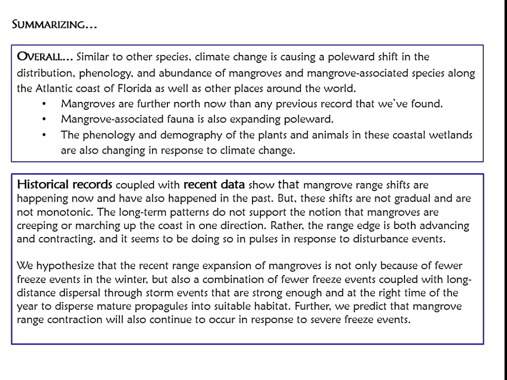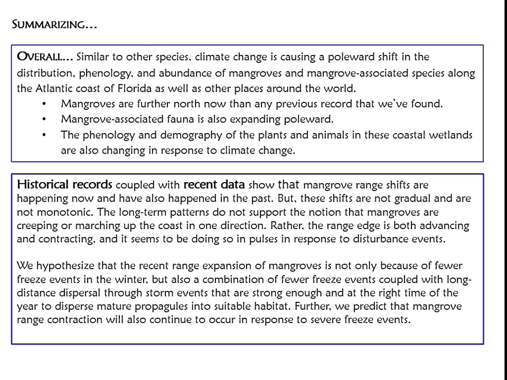The historical records coupled with recent data show that mangrove shifts are happening now and have happened in the past. They are not so gradual. They seem to be not monotonic. This is not just happening in one direction. We get expansion, but we've also got contraction that has been documented repeatedly in this historical literature.